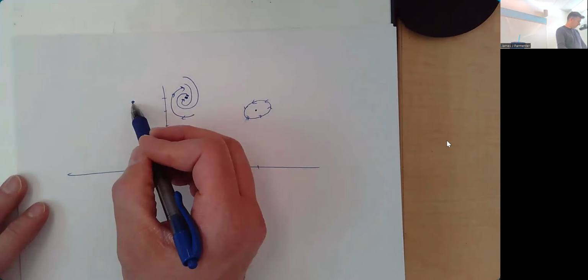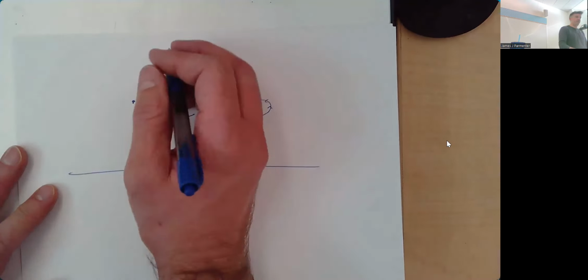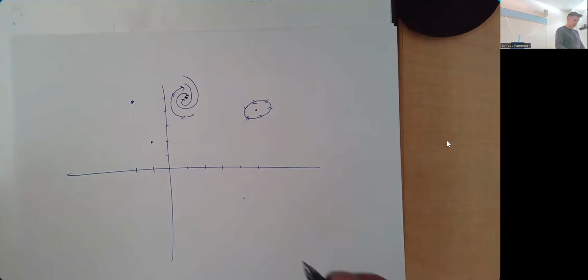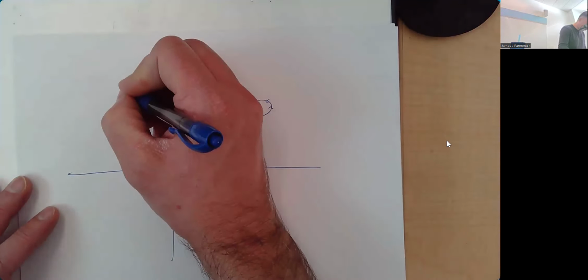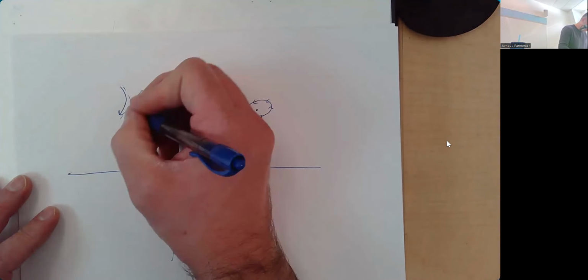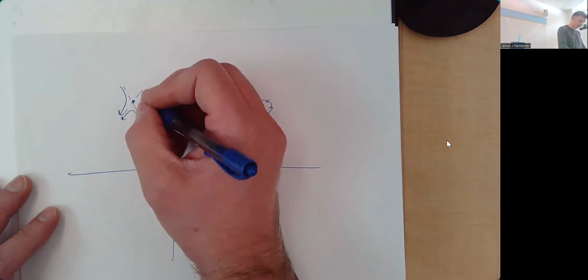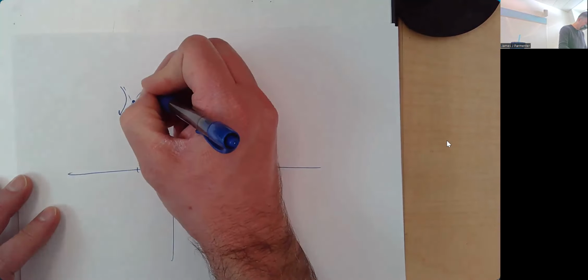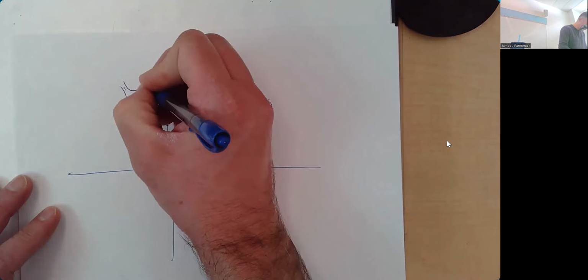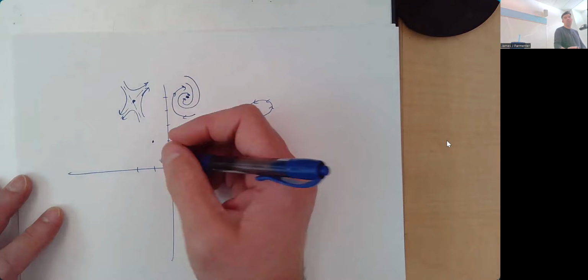Over here, we have our saddle. So this is where you should just, I guess, pick a direction. You should always be going outward along the same line and inward along the other same line. So this line is the one I picked to be the outward one. This line is the one I picked to be the inward one.